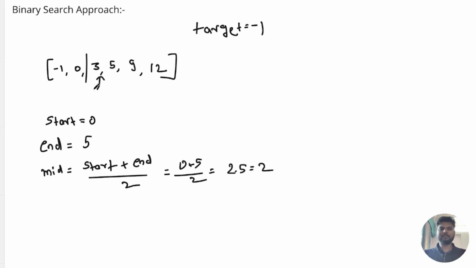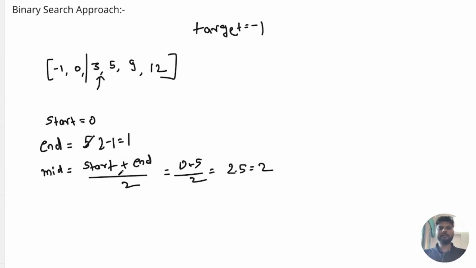So we discard this part of the array. How we do that? We move end to mid -1. In previous case we have moved start to mid plus 1. Now we will move end to mid -1 because -1 is in the first half of the array. So we will change end to 2 minus 1, which is equal to 1.